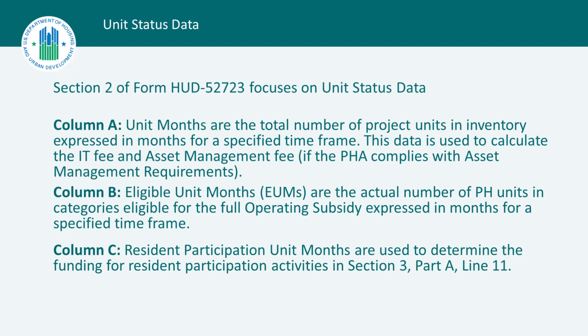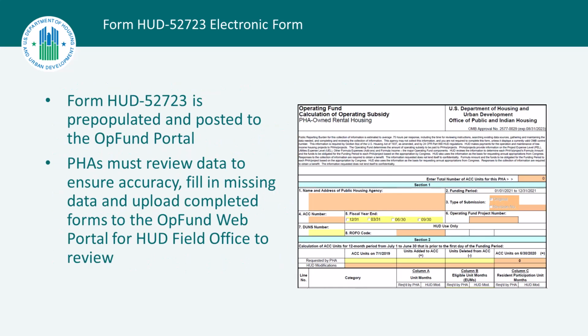Column C contains information about resident participation unit months, which are used to determine the funding for resident participation activities in Section 3, Part A, line 11 of the 52723. This column is self-populated by the tool for eligible statuses from column A. HUD Form 52723, like the 52722, is posted to the OpFund portal but pre-populated with unit data from FDS and IMS PIC.